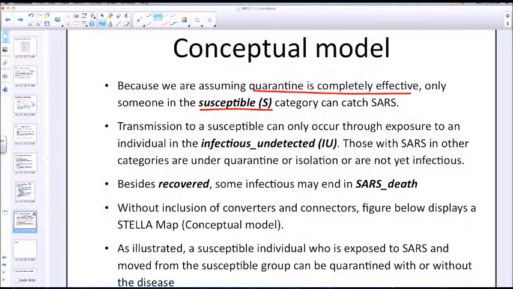And then the infected group, only those who have not been detected and have contact with other people spread the disease.